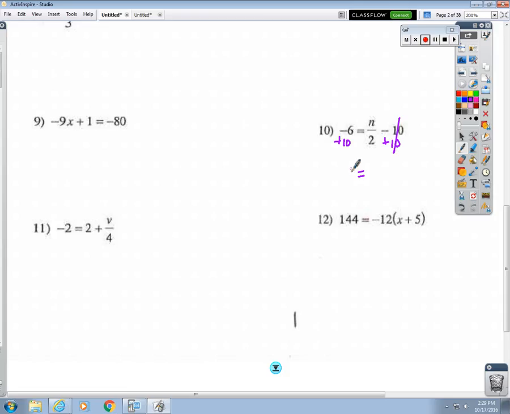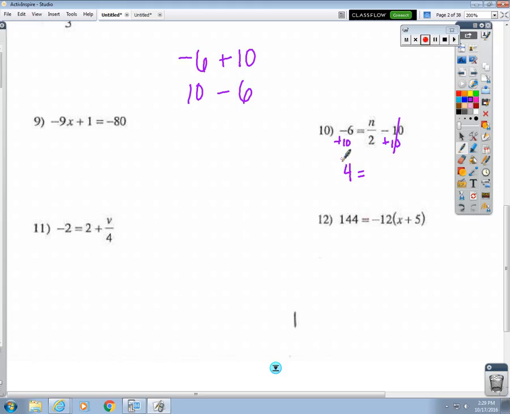Yep. Right. Okay, let me show y'all something else. For those of you who struggle with negative numbers, isn't negative 6 plus 10 the exact same thing as a positive 10 minus 6? Yes. And then everybody knows 10 minus 6 is 4.